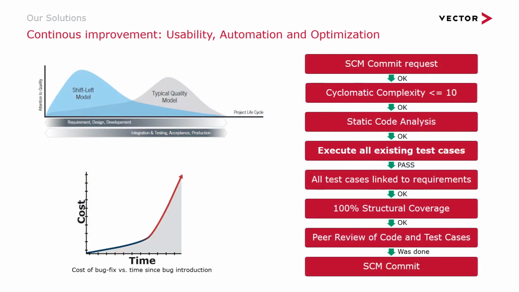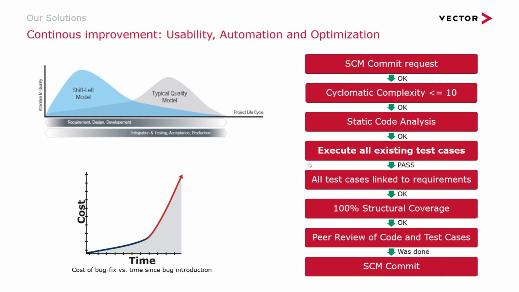And this is important if you think about an integration of your development process into DevOps. If you want to optimize your workflow when developing and testing your software, then you should test as early as possible, because the earlier you test, the less it will cost to fix a bug. And that's why, for example, this is an example workflow of how you could implement your source code management commit process. There could be some quality gates that are automatically verified before allowing the SCM commit.